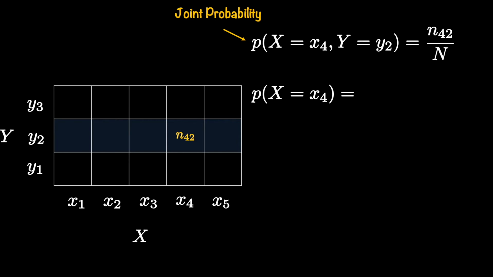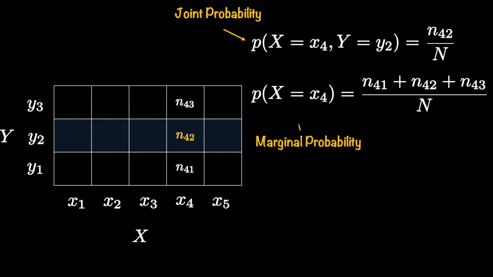Now, x will be in the state x4 in combination with y1 or y2 or y3, indicated using the relative counts that you see in the grid. So we must now take those occurrences into consideration as well. So the relative frequency now will be the sum or total of these observation counts. This is called marginal probability.